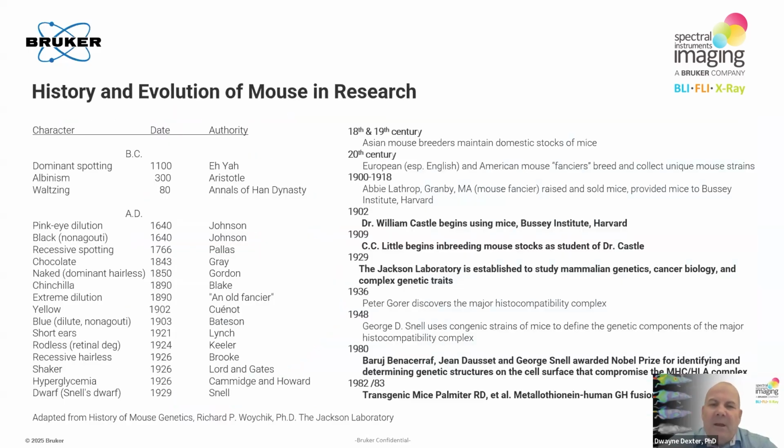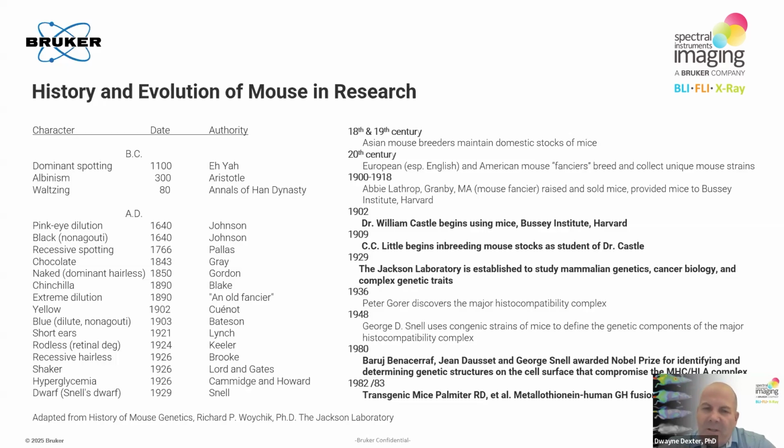So why mice? Mice have been of interest to humans for thousands of years, looking at the phenotypes of mice and collecting these interesting phenotypes. Obviously, we know now that these are the results of genetic mutations, and these have not only interesting phenotypes, but they also have interesting relationships to human biology.